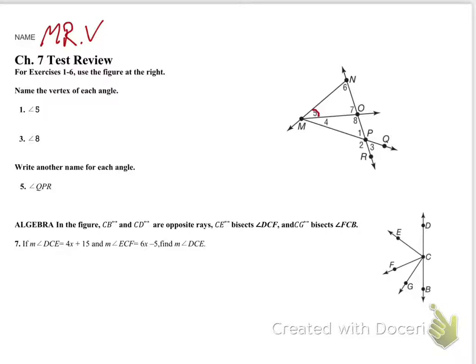So the vertex would be angle M. Then for number 8, so that's just right there, the vertex would be angle O.